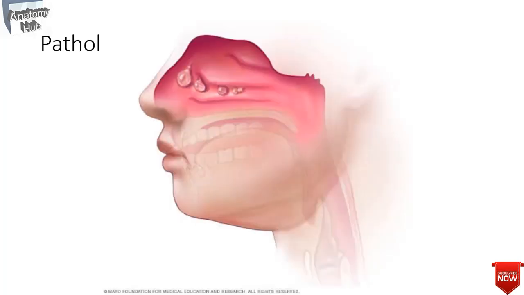So sinus polyps are actually a painless benign growth on the lining of the nose or the sinuses, which causes chronic inflammation due to infection, allergies, drug sensitivity or immune disorders. The symptoms may include a runny nose, stuffiness or post-nasal drip, and in some cases there may be no symptoms.